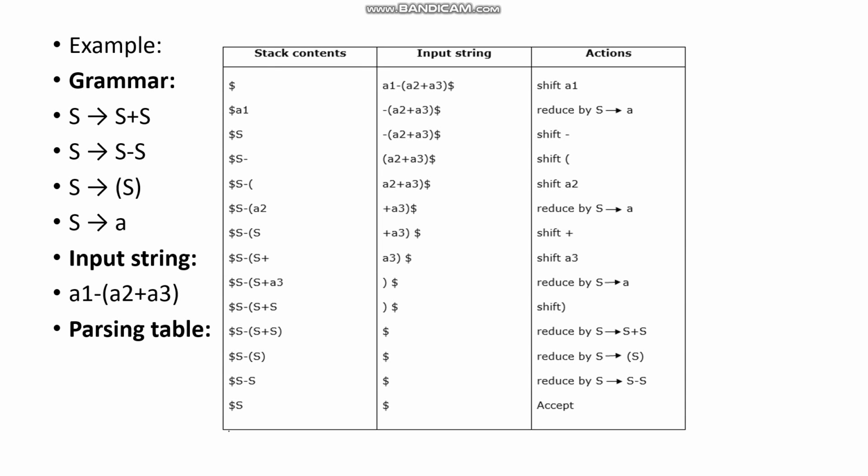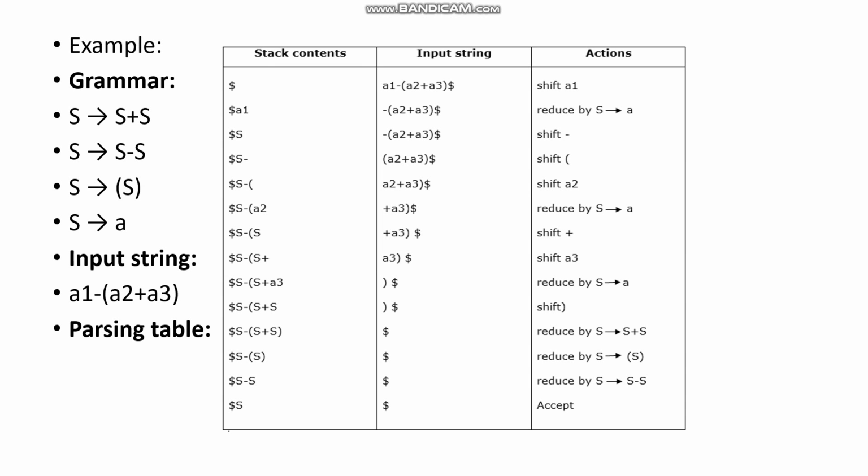The shift action shifts the next symbol onto the top of the stack. Second action, that is reduce. The reduce action replaces the symbols on the right hand side of the production by the symbol on the left hand side of the production concerned. To perform reduction, the parser must know the right end of the handle, which is at the top of the stack.